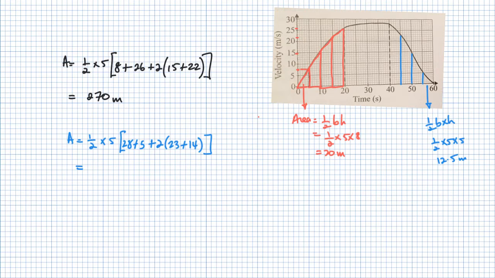What you will notice I've done so far is I found a little triangle here, half base times height, so 5 and 5, which gives us 12.5. And then I've made my little trapeziums. I've put my numbers in here, so that's the first length, 28 there. Then I've got the last length, which is 5, plus 2 times the other bits in the middle, that one and that one, I reckon 23 and 14.